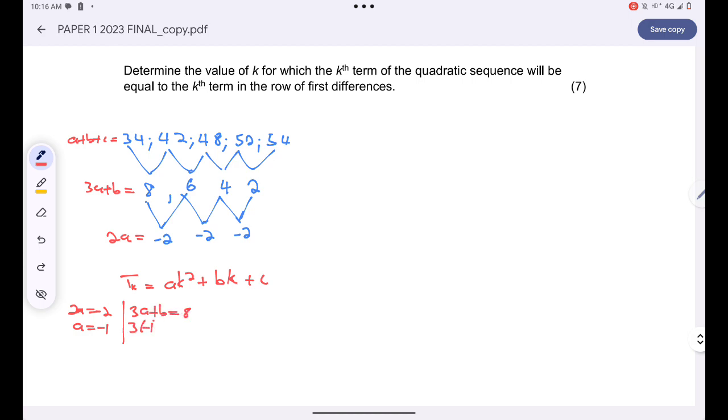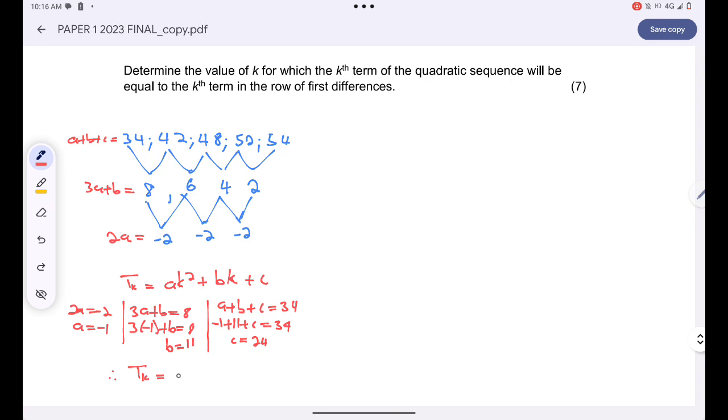That means 3 times negative 1 plus b is equal to 8, and hence b will be equal to 11. Then a plus b plus c is equal to 34. That means negative 1 plus 11 plus c is equal to 34, and hence c will be equal to 24.